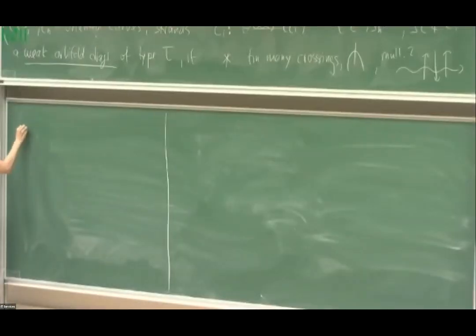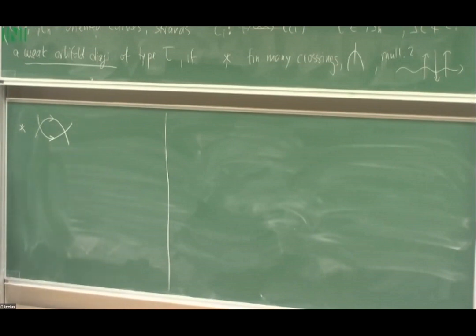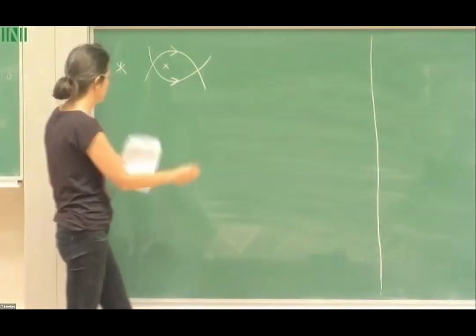Okay. And then you might see a picture which is not allowed in the simple disk setup, but in more arbitrary surfaces. Whenever we see two curves which look parallel, then we want that the orbifold point is inside.